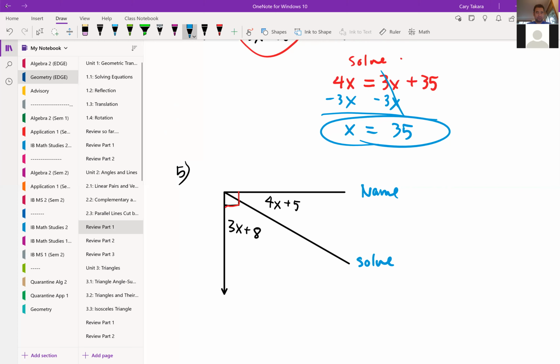Again, I would like you to name it and then set up an equation and solve it.